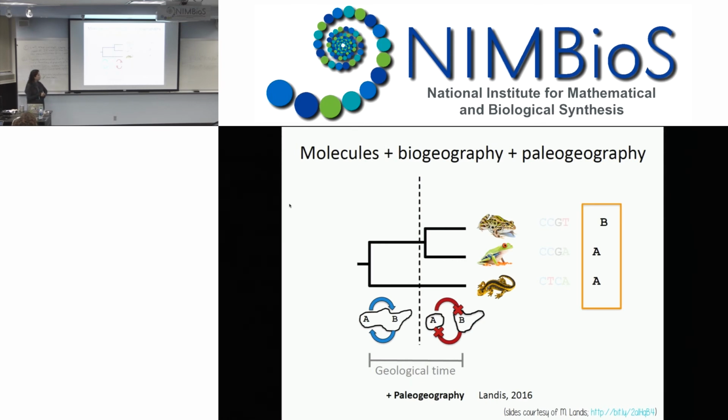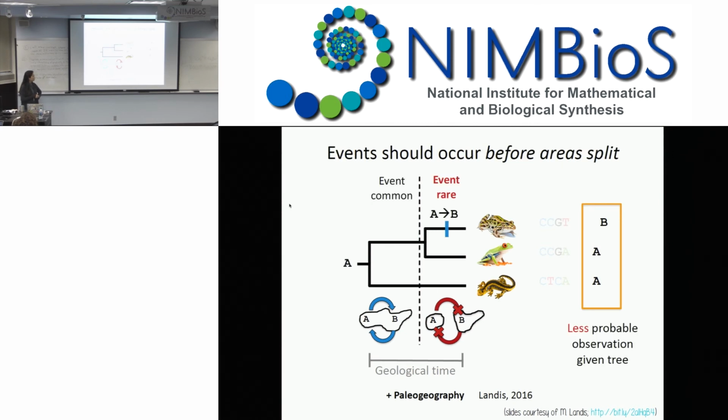So given that we might have this type of idea of the history, we can then sort of assign probability to dispersal events on our tree. So if this is our tree and these are our data, and this is the time at which the dispersal probability would change, if the dispersal happened after this point, then we know that to go from A to B, this whole reconstruction is less probable.